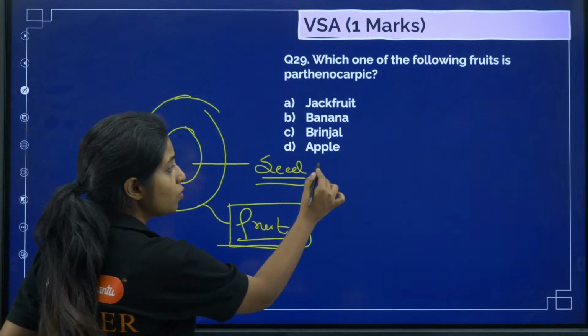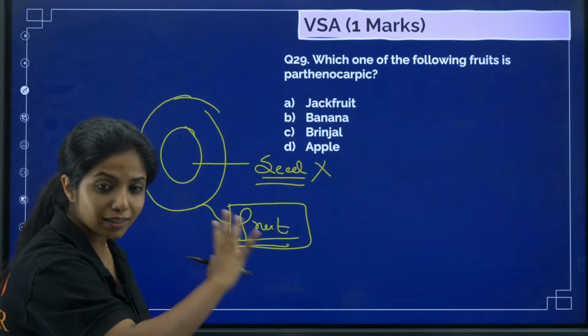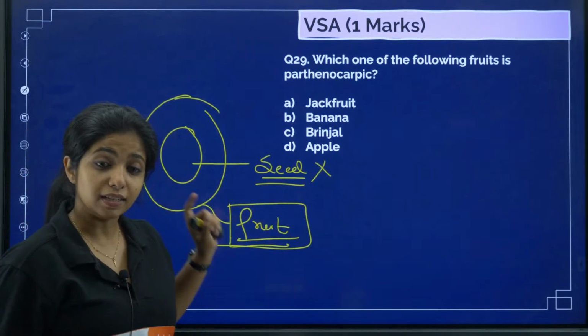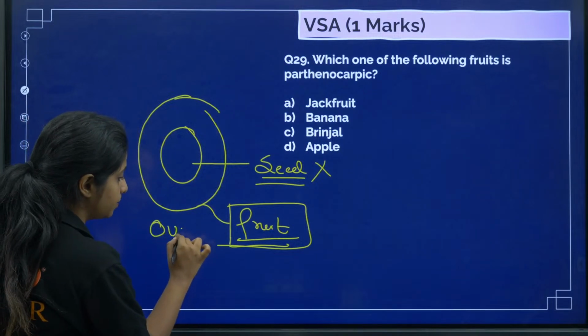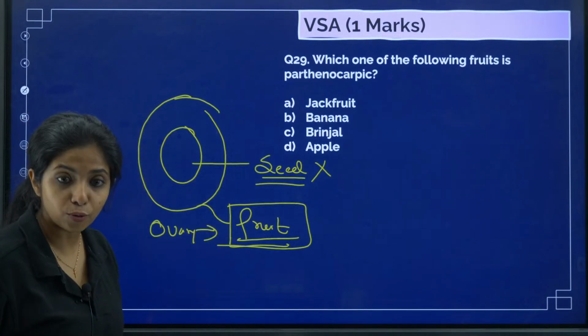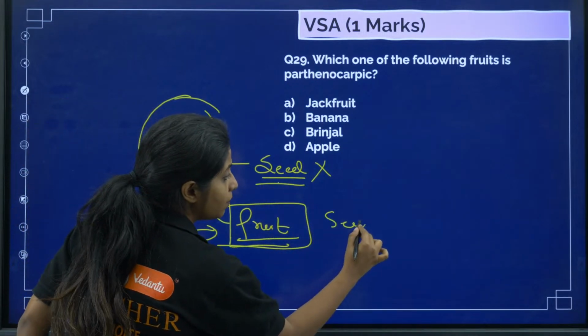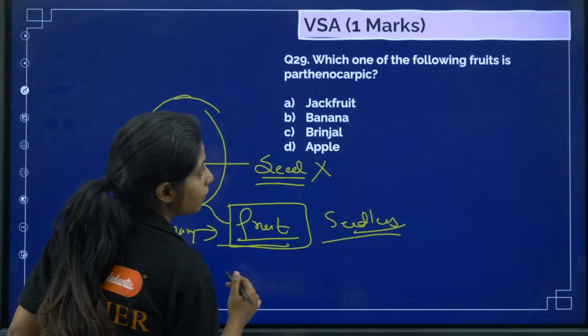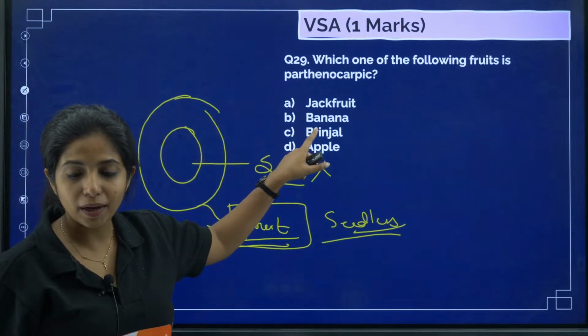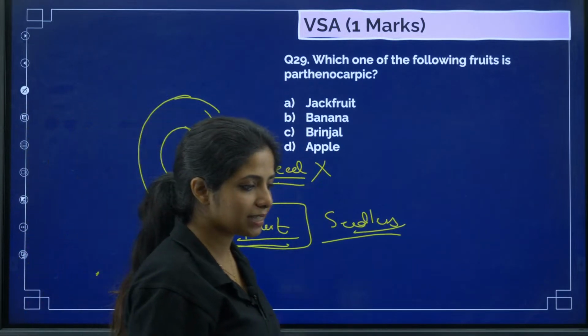That means there is no fertilized seed in there. Still, the ovary is becoming fruit. In these plants, will you see seed? No. So they will be seedless, my dear children. Now, jackfruit, banana, brinjal, apple, what do you think is seedless?